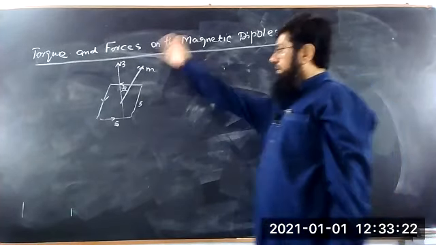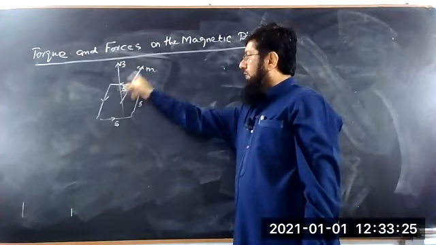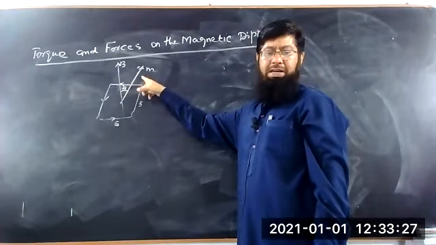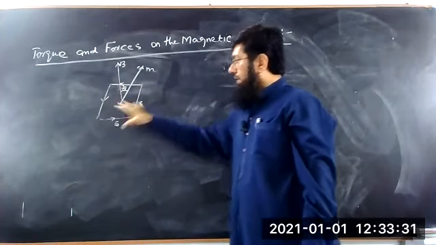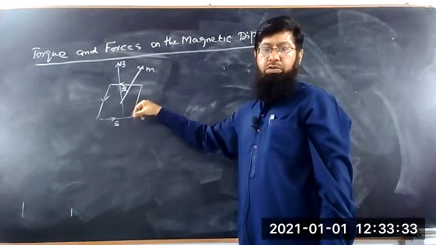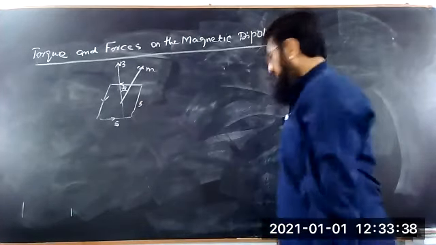Let's see what happens. When the magnetic dipole is placed in a magnetic field, each portion of the wire will experience a magnetic force. So as a result, what happens? Look here.